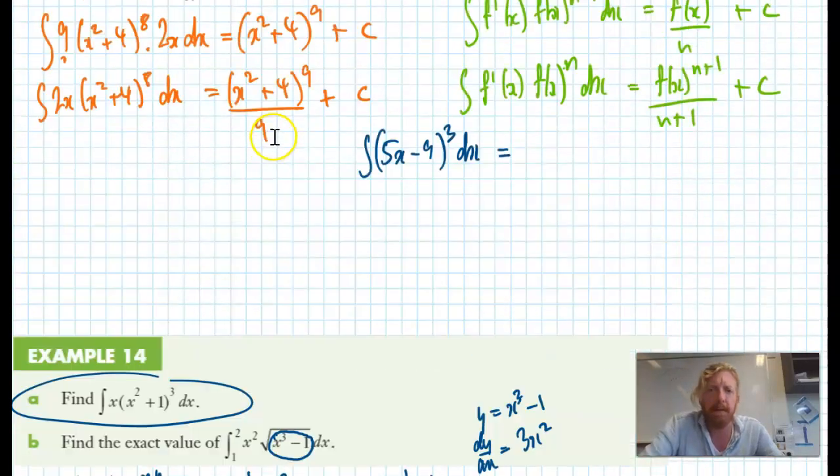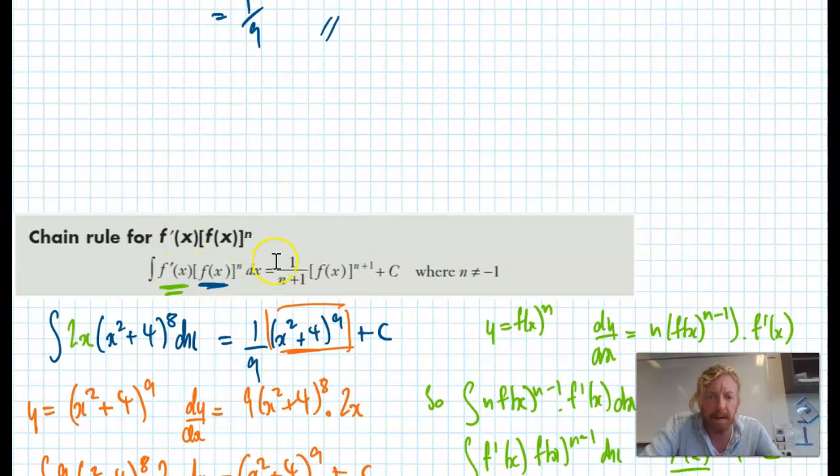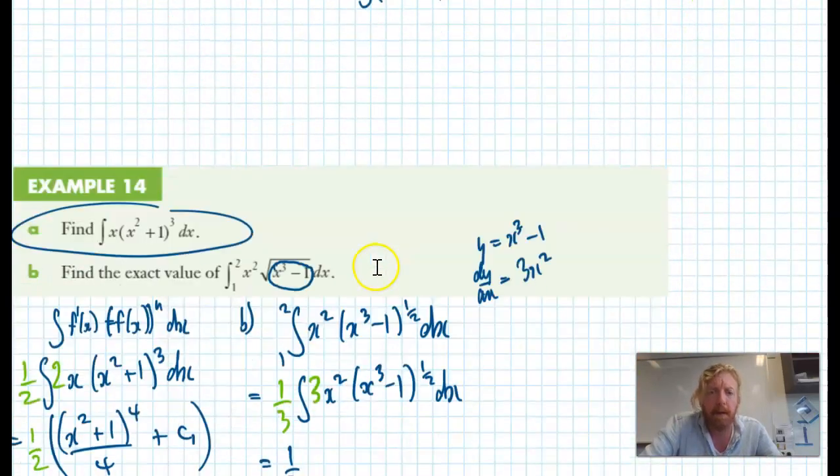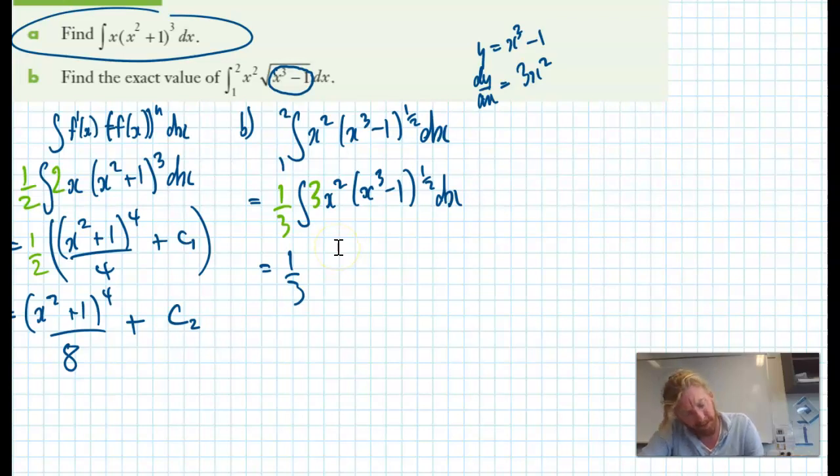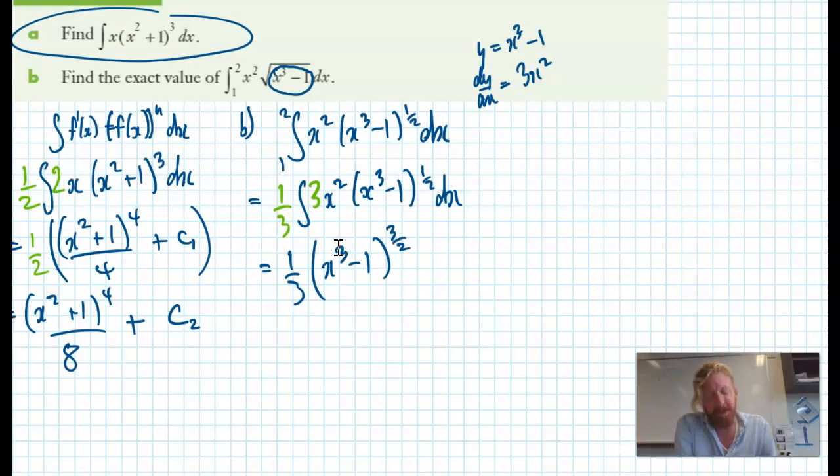Everything just works out here because I'm using this form here, that we're going to remember. That goes to a third. x cubed minus 1, a half plus 1 is 3 over 2. If I divide by 3 over 2, it's the same as timesing by 2 over 3.